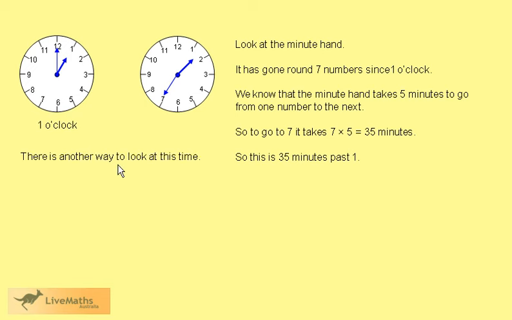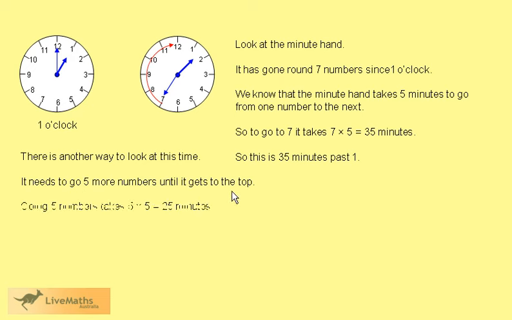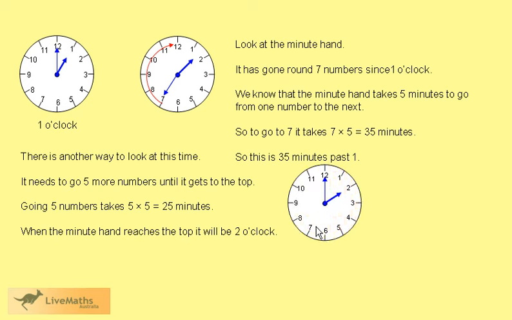There is another way to look at this time. It needs to go 5 more numbers until it gets to the top. Going 5 numbers takes 5 times 5, which is 25 minutes. When the minute hand reaches the top, it will be 2 o'clock. So in an hour, it's gone from 1 o'clock to 2 o'clock.